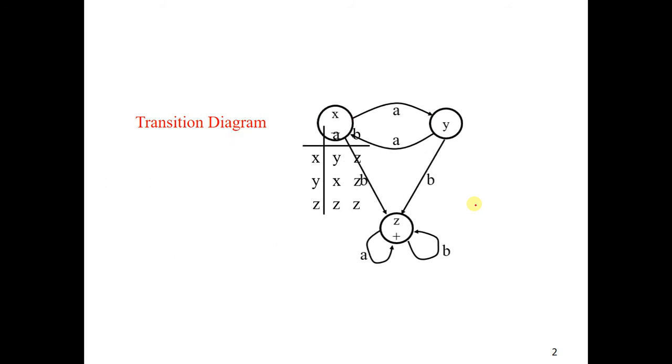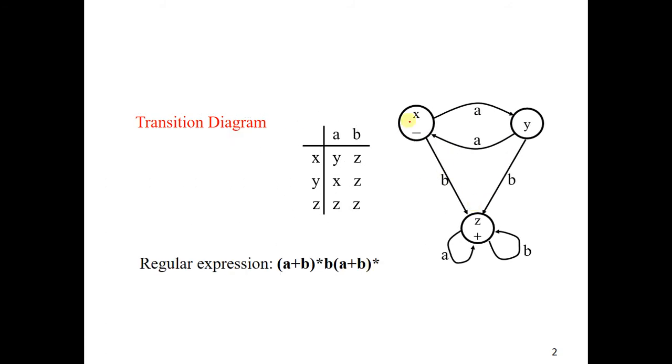This is a simple finite automata. In finite automata we have different states, and states are represented by circles. Like here we have three states: state X, state Y, and state Z. One of the states may be the starting state, and the starting state is represented by a minus sign, a dash sign.